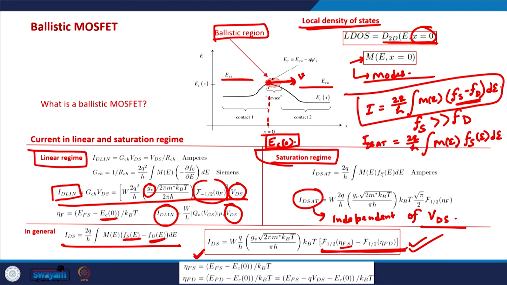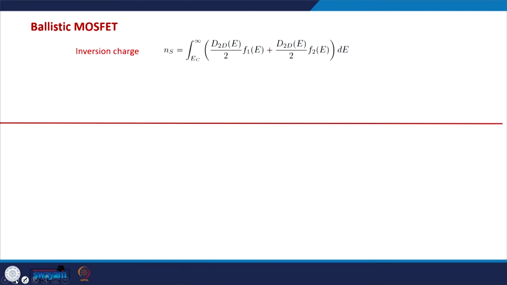So just to highlight this, eta Fs here is EFS minus EC0 and eta Fd is EFD minus EC0, where EFS is the Fermi level of the source contact and EFD is the Fermi level of the drain contact, and the difference between EFS and EFD is essentially Q times VDS. EC0 is again the conduction band minimum at the top of the barrier point.